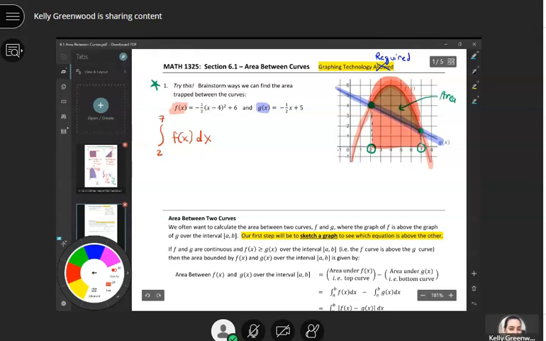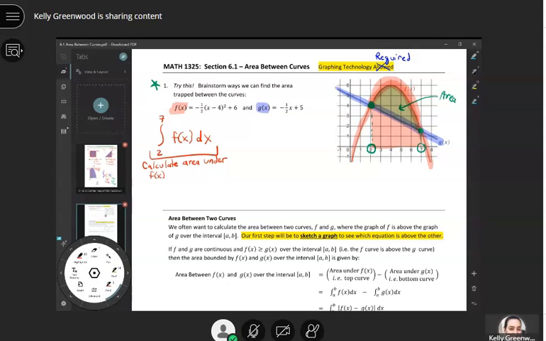I'd be finding all that area. So let's write down what that is finding. This is going to calculate area under f of x, or I should say between, instead of under, between f of x and the x-axis.